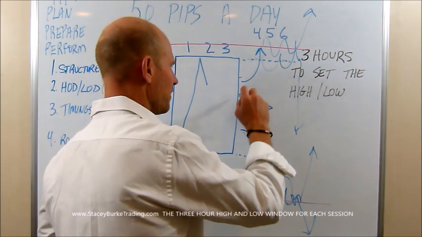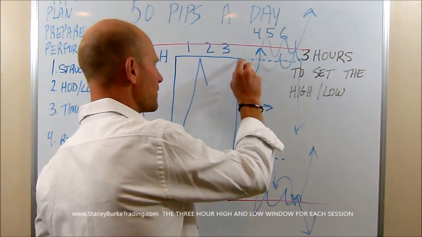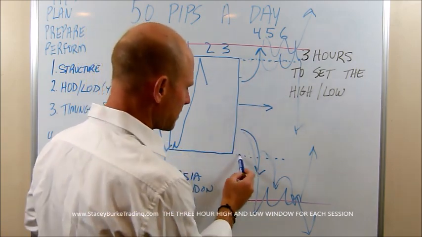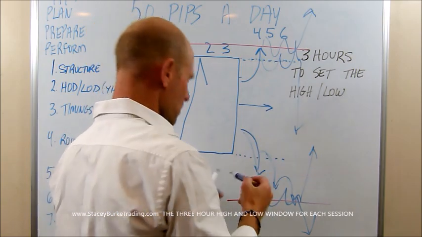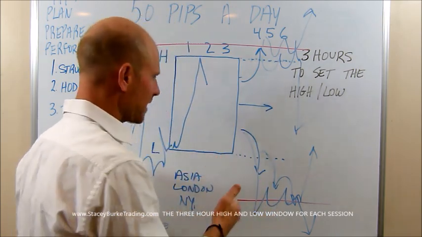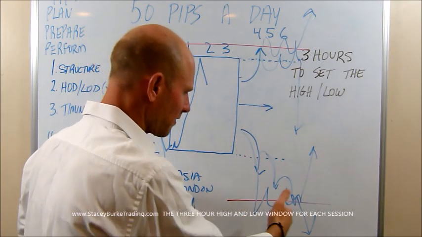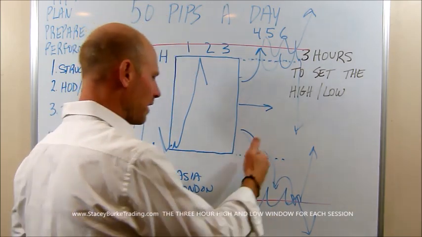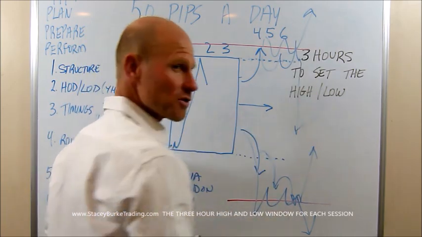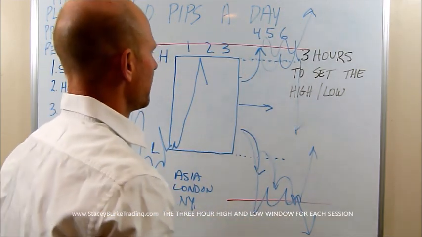If the market goes sideways in Asia inside of this high and low, then that makes it really easy to see when those borders are broken in the next session, because that is our high and our low. So we either will have a breakout continuation or a breakout pullback for a reversal, either long or short.